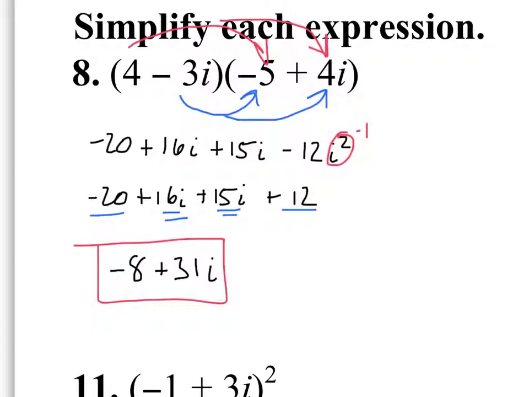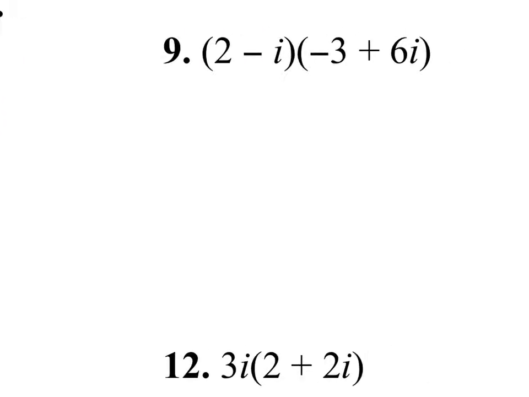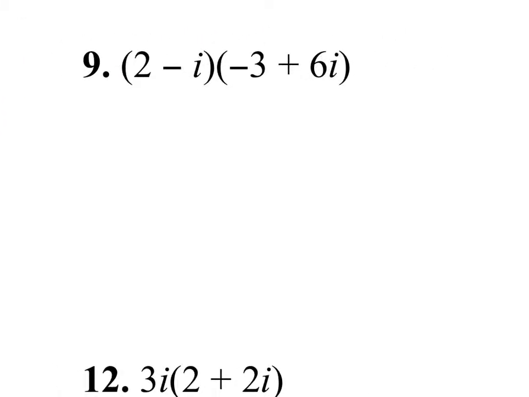Okay, let's try another one. Number 9. So, how are we going to multiply this? First, which is going to be what times what? 2 times negative 3. Then what? 2 times 6i. Then what? Negative i times negative 3. And negative i times 6i. All right.